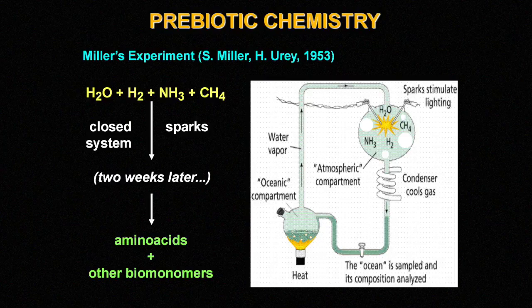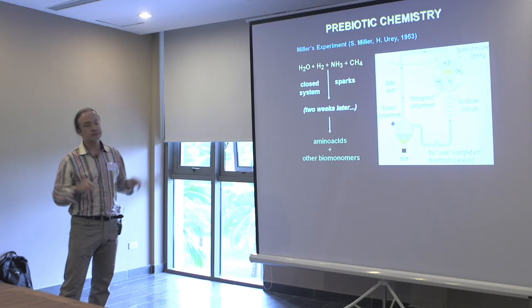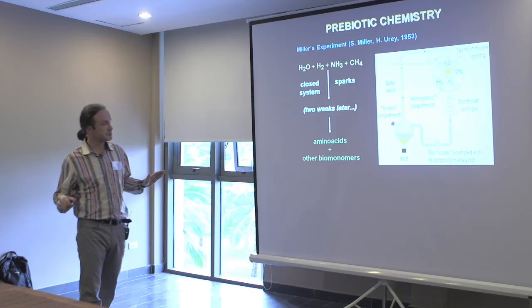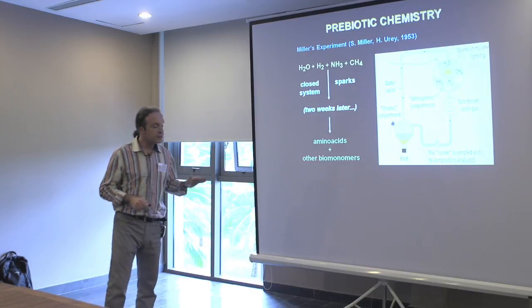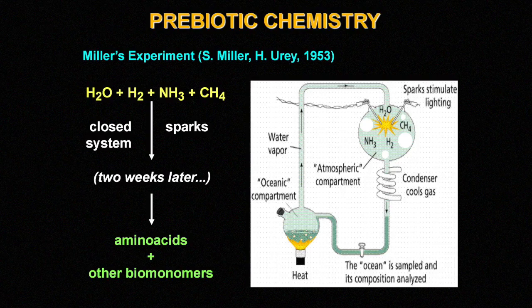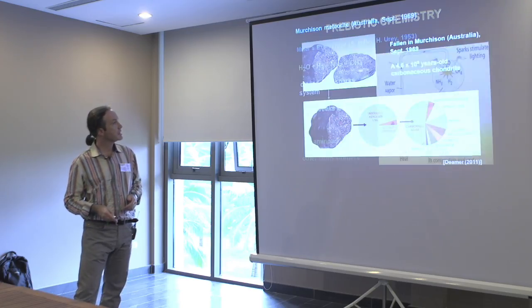Okay? 2 weeks later, amino acids and other biopolymers could be sampled from this primitive ocean. Okay? So it was a brilliant experiment. So the first biomonomers, or the first biological or protobiological molecules, could be formed only starting from these gases and making them react thanks to this accelerating, let's say, agent. Okay.